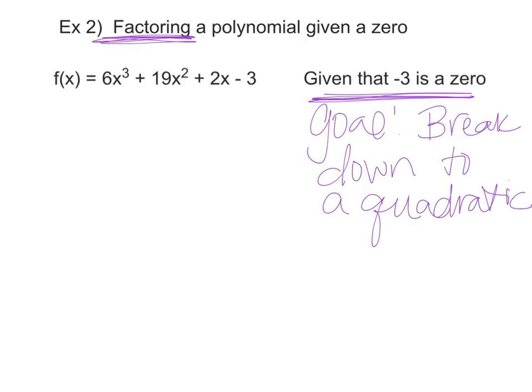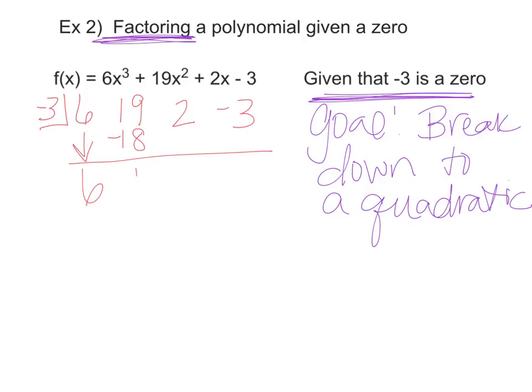I'm going to go ahead and take my negative 3 here, put it in my box, and I've got 6, 19, 2, and negative 3. Drop that 6. So 6 times negative 3 is going to be a negative 18, giving me a 1. Negative 3 times 1 is a negative 3. And then negative 3 times 3 is a 3.